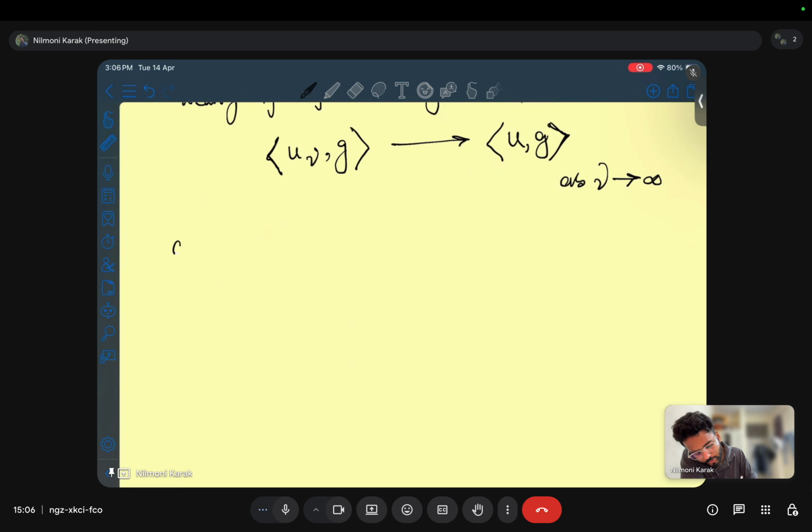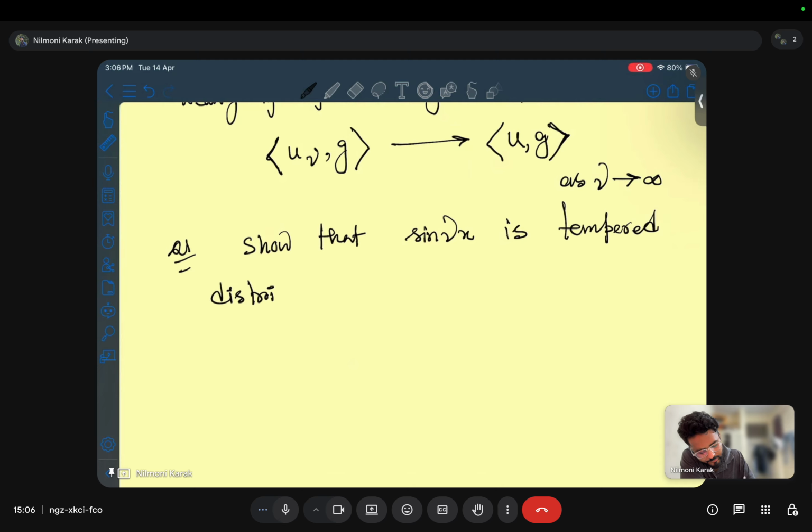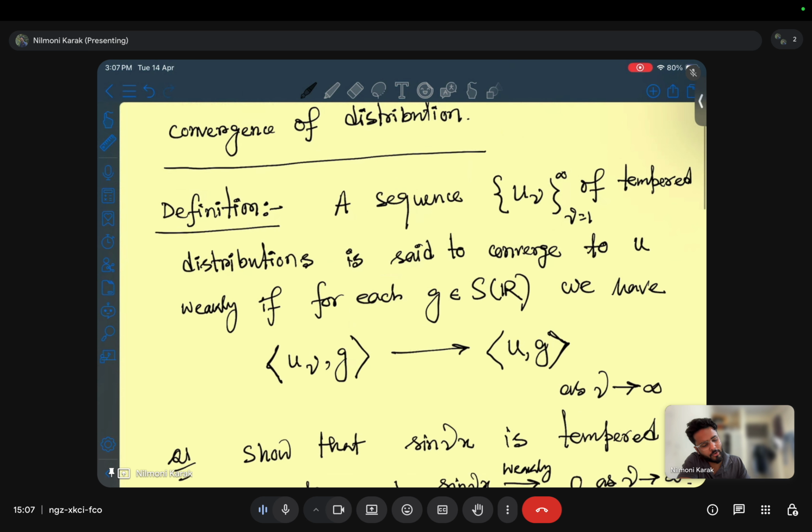So question one: show that sin nu x is a tempered distribution, and sin nu x converges weakly to 0 as nu tends to infinity. Let us solve this.